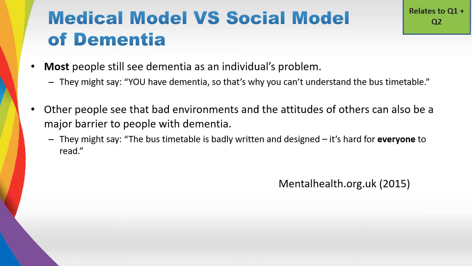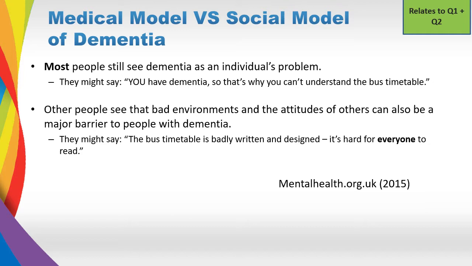So they might say, well, you have dementia, so that's why you can't understand the bus timetable. Now, if we think about it from a social model aspect, other people might see that the environments are bad and the attitudes of others are bad, and that's the barrier to people with dementia living more independently in society.